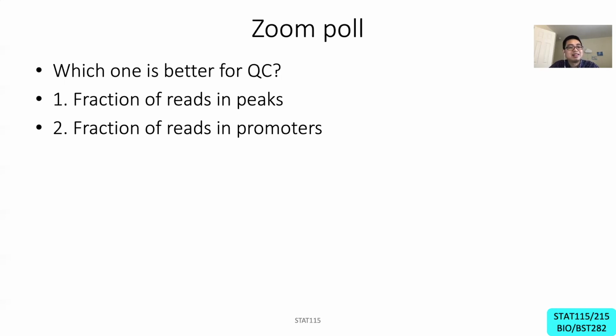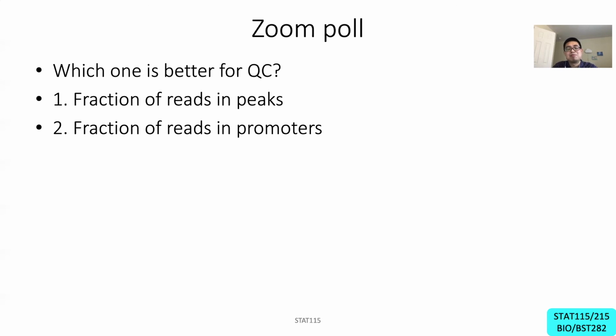Personally, I think the fraction of reads in promoters will be better than the fraction of reads in peaks, because it really depends. For the first metric, it depends how many peaks you have, right? The more peaks you have, the higher the fraction of reads will be in the peaks.